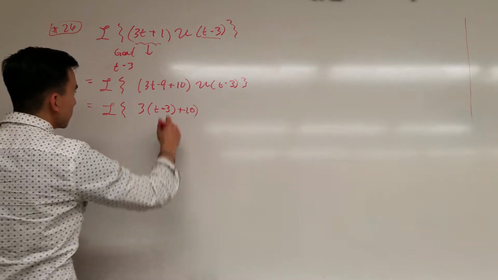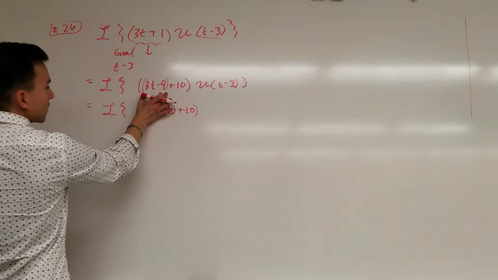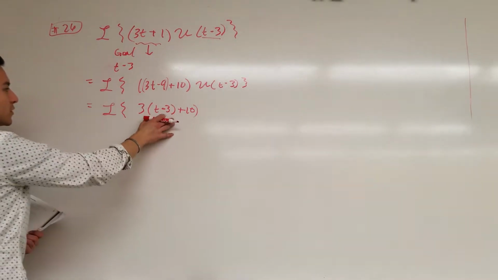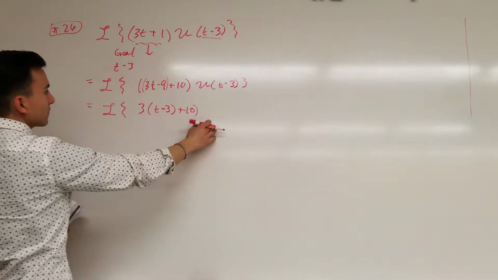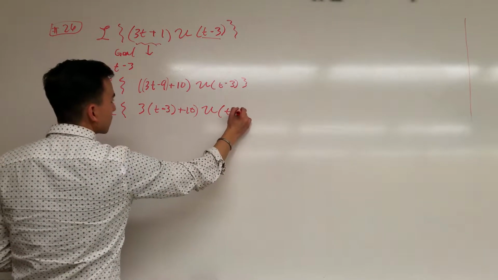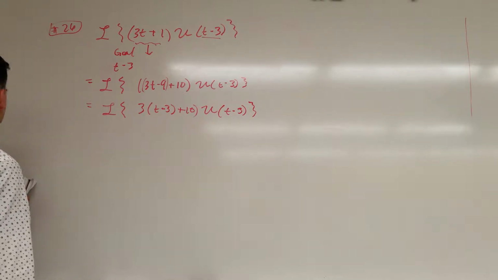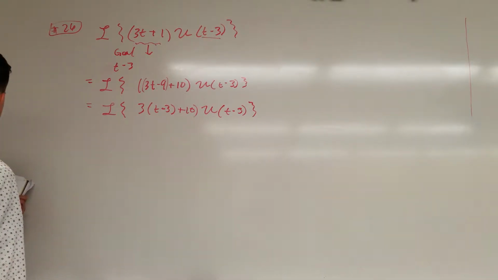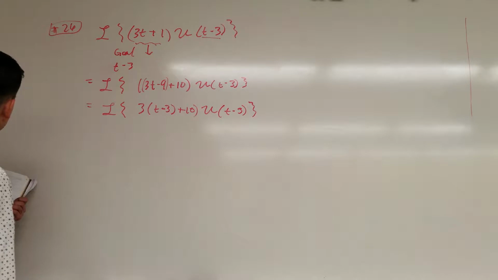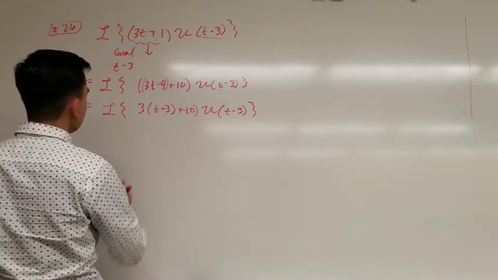What I did was basically just look at that, factor out a 3 from this, and I got 3 times t minus 3 plus 10, times the unit step t minus 3. Okay, so it looks like our arguments are the same.